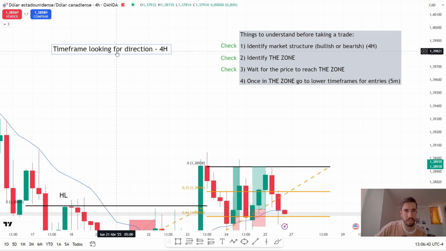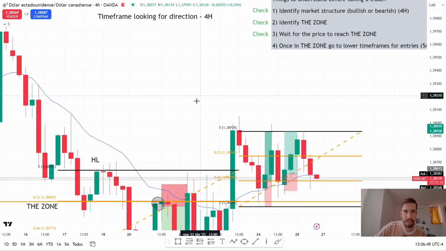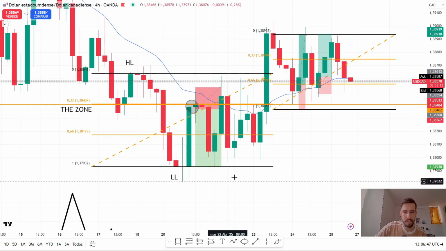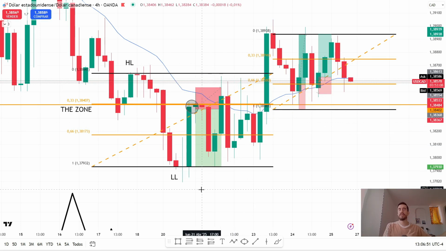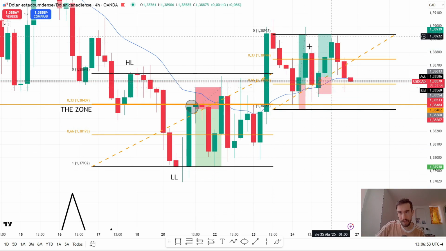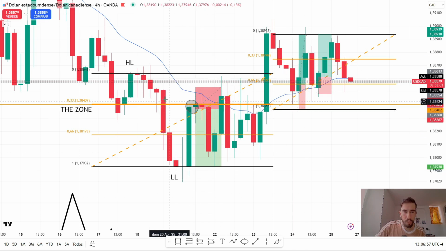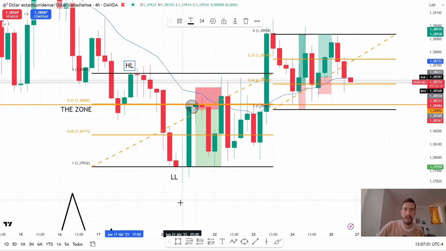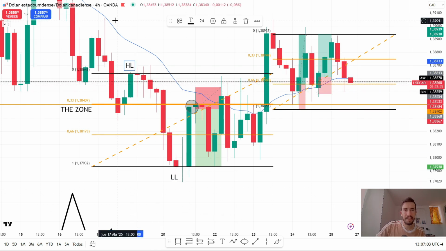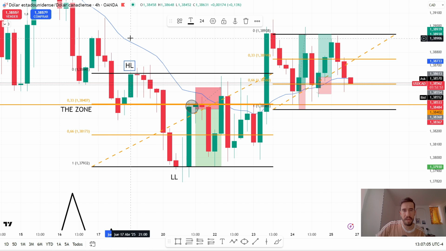I just want you to understand why we're using the 4 hours. So 4 hours is for direction. We already have the direction. Of course, I'm explaining this trade because it was the one I explained in the last video, but I can tell you these ones as well. So once the price makes a lower high and lower low, this is a bearish structure. The 20 EMA, exponential moving average, is going down.